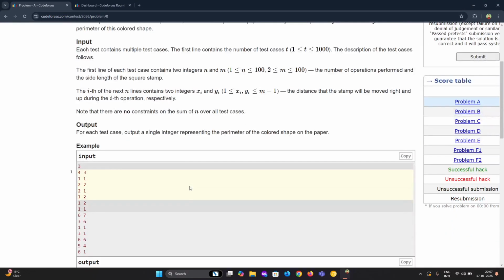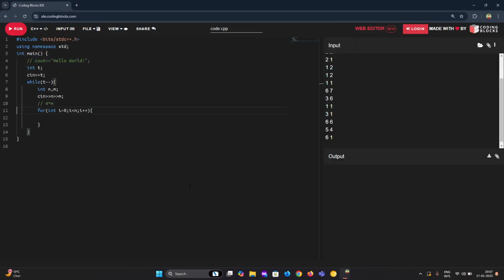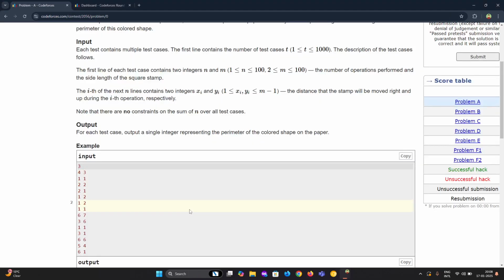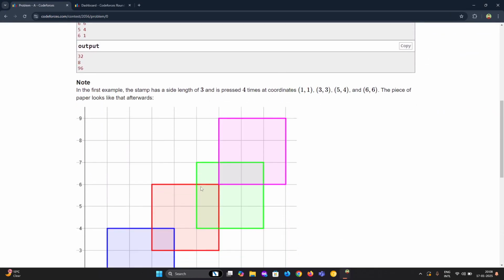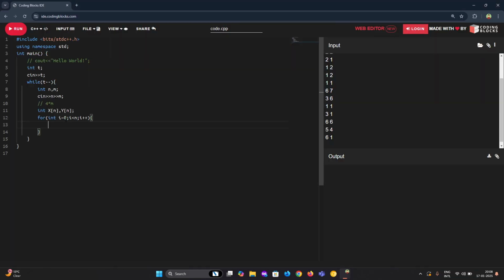So we have n operations. Should name it x of n and y of n. The last one won't be, so we just have to do it for the 1 to n minus 1 thing.